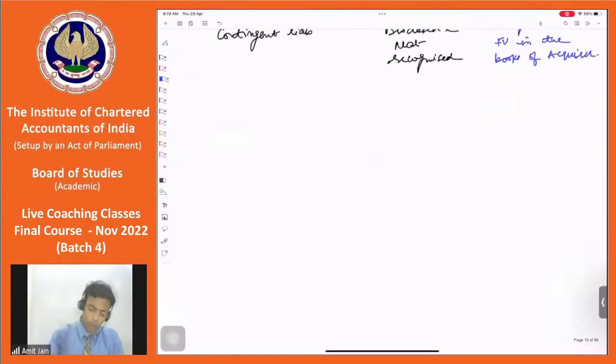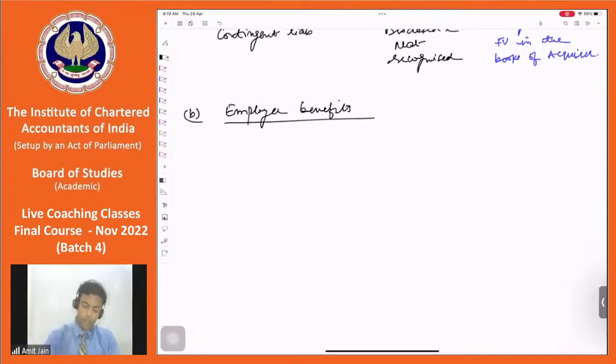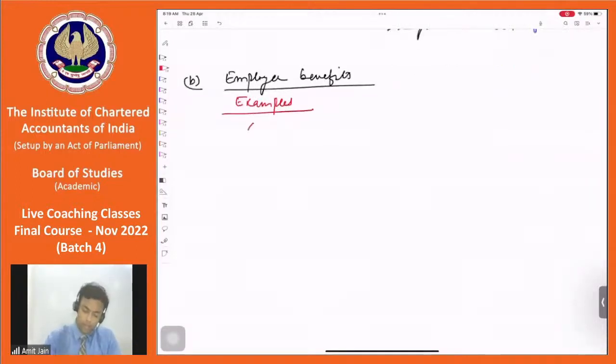Second one is employee benefits. Second exception is employee benefits. What are the examples of employee benefits? Quickly guys, can you give me an example of employee benefits? Provision for gratuity.